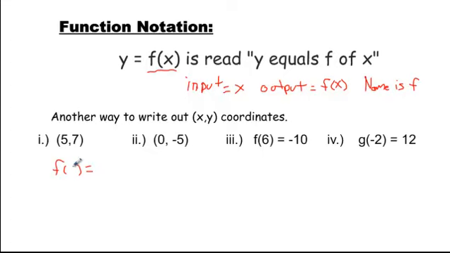X is 5, so we're going to put the 5 right there, and f of x is like your output, so f of x is like y. Y is 7. So here's the advantage that I was talking about on that last slide. When you see f of 5 equals 7, you get to look at this one little sentence and say, hey, when x is 5, y is 7. It's the same thing as seeing the point 5, 7.